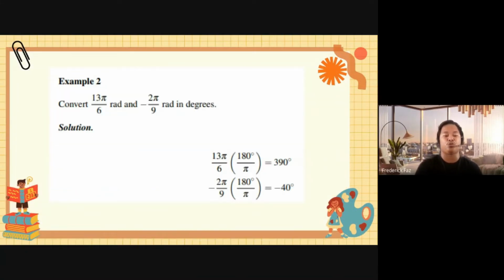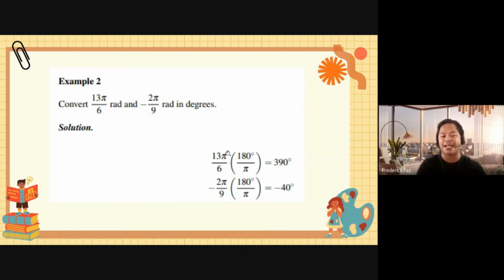Let's have example 2. We're going to convert 13 pi over 6 rad and negative 2 pi over 9 rad to degrees. The formula in converting radians to degrees is multiplying the given by 180 degrees over pi. So here is the solution for the two given radian measures. For 13 pi over 6, we multiply by 180 degrees over pi.